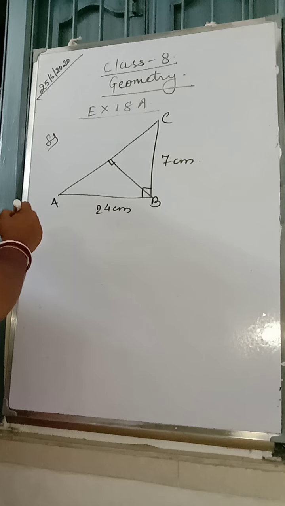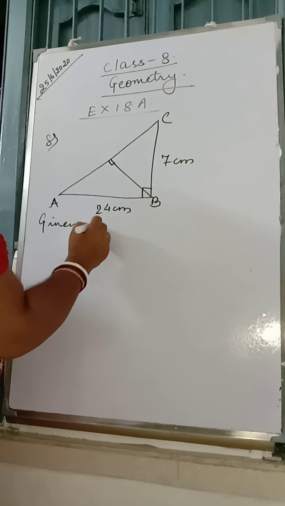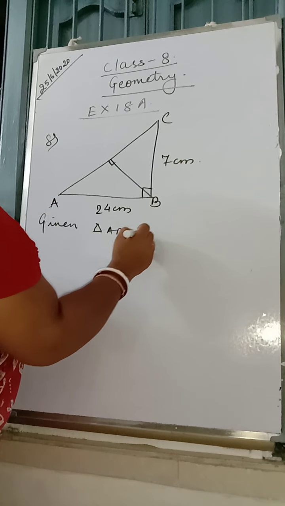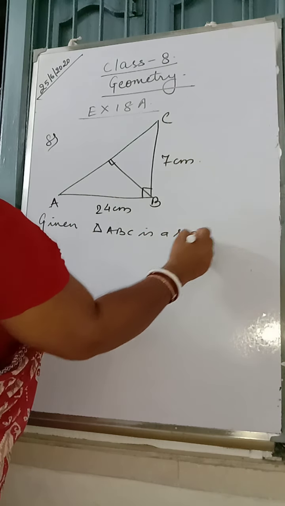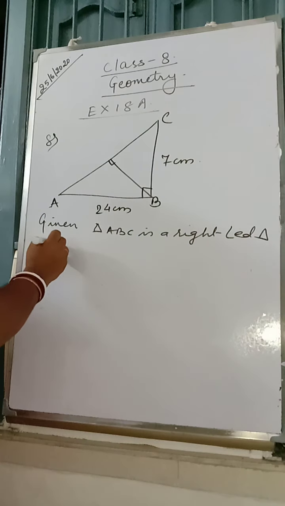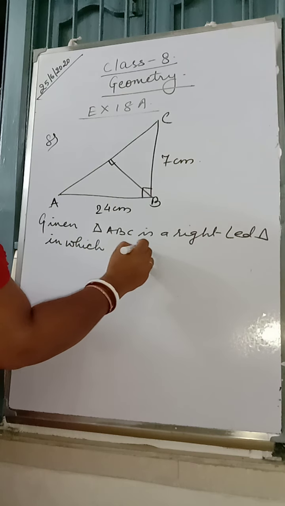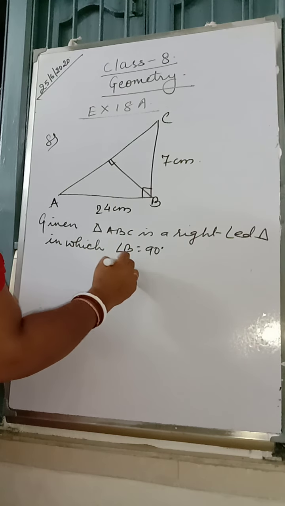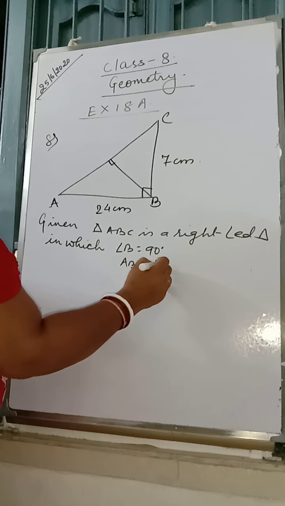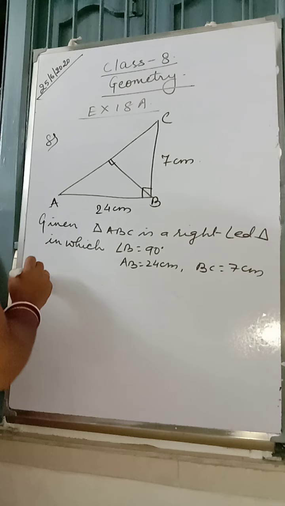Use information given in adjoining figure. Find the length of given triangle. Triangle ABC is a right angle triangle in which angle B is 90 degree, AB 24 centimeter, BC 7 centimeter.